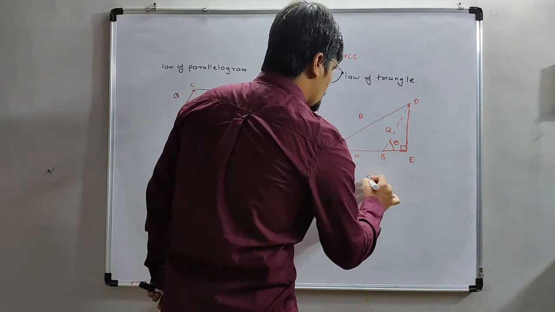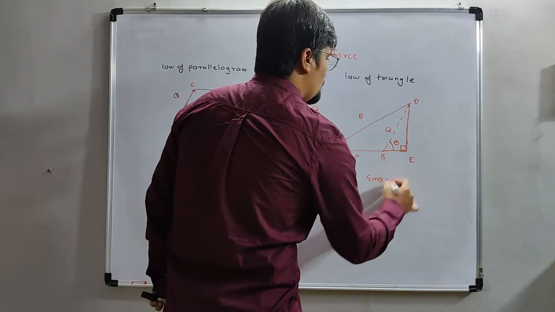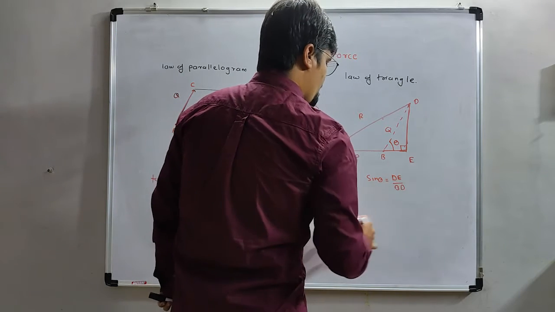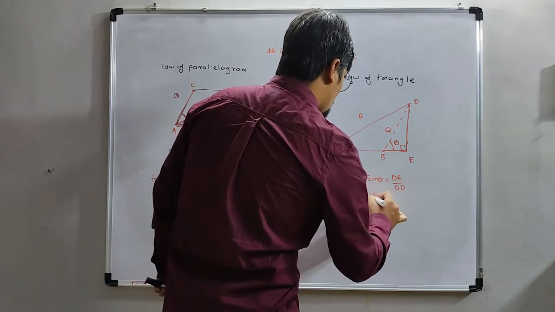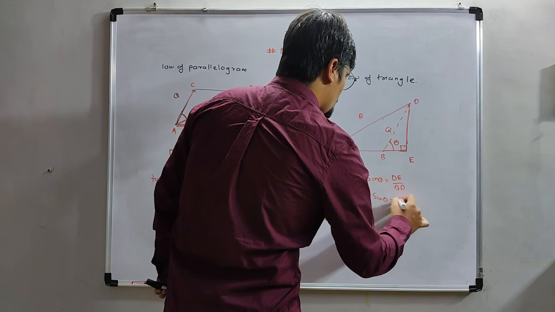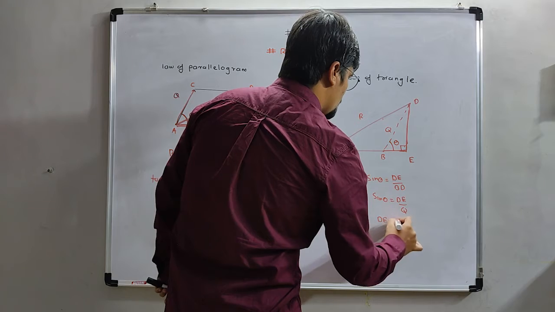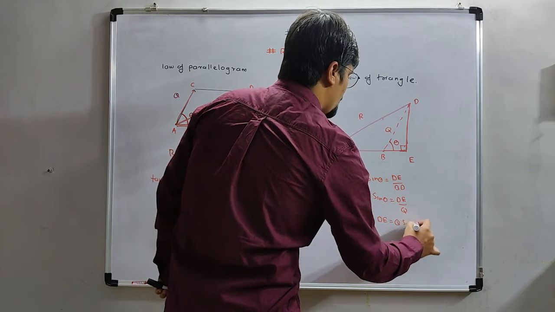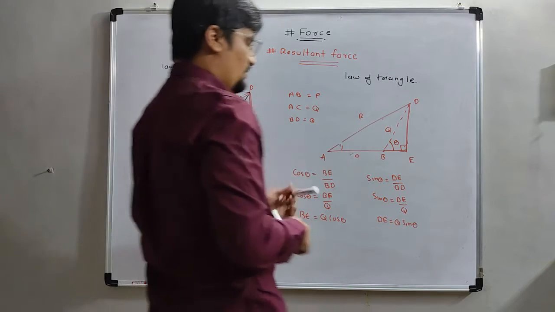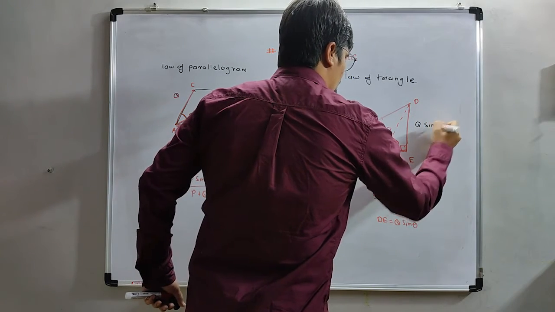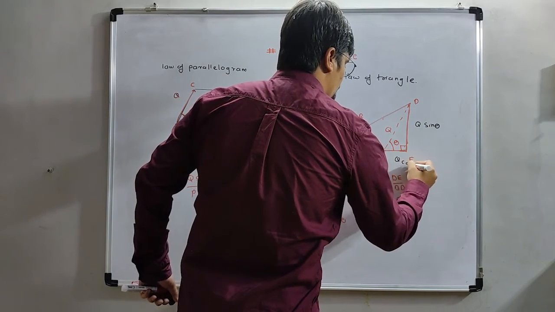Same as sin theta is equal to DE by BD. So DE is equal to Q sin theta. That means the value of DE is Q sin theta and BE is Q cos theta.